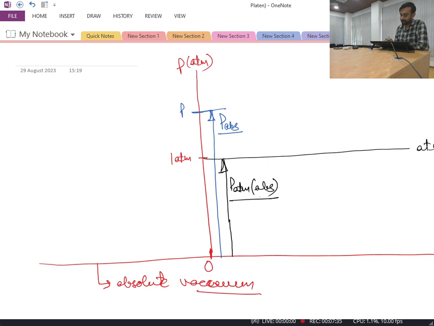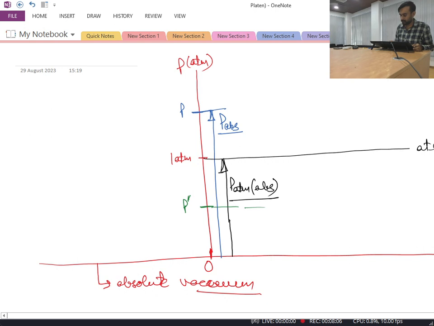Now I may have a certain value of pressure which is not greater than P atmospheric. It may be lesser than P atmospheric. So if I take a system container, and consider that the gas molecules in that system are in a rarefied state, it means their pressure is less than the atmospheric pressure condition, so I may reach some value of pressure, say P dash over here.